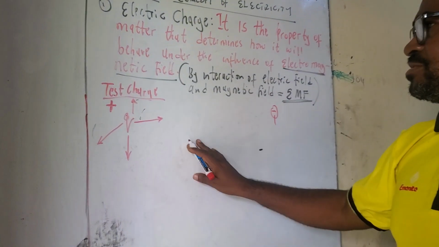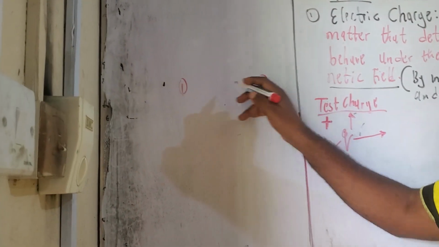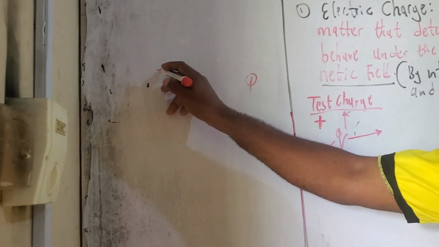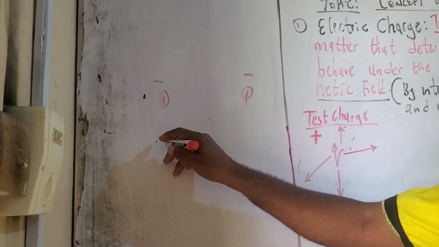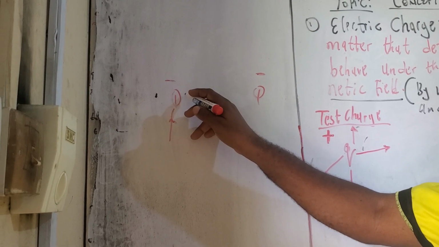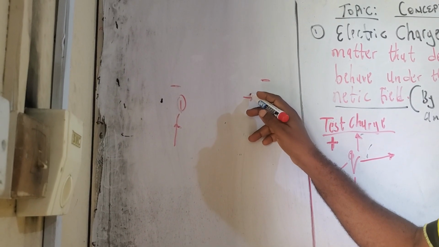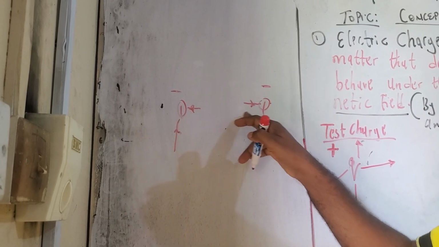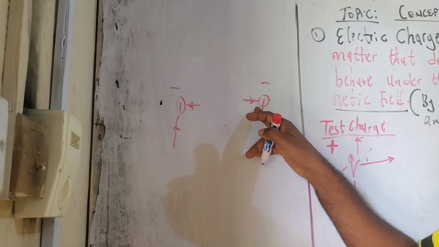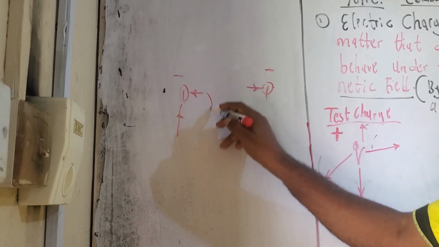Now, what this is saying is this: if you have charge Q and you have another charge Q and they carry like charges, let's say minus minus, the line of force for the negative is inward towards that charge. So for this one too it is inward. Because the line of force happen to be away, in each case there will be a repulsion.